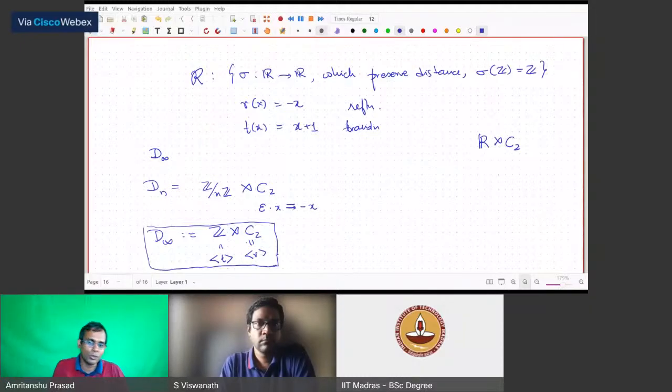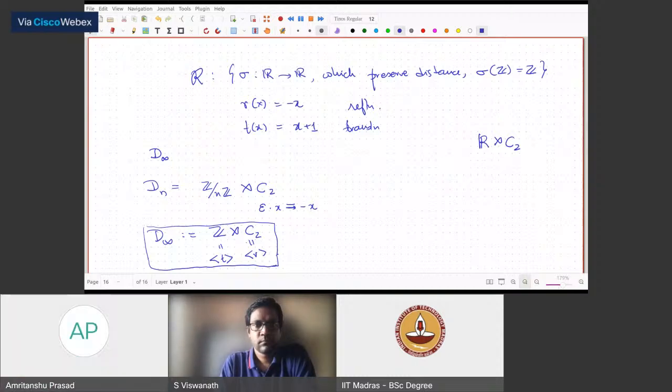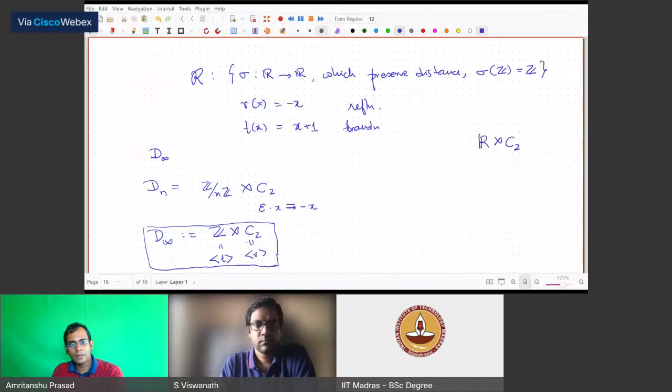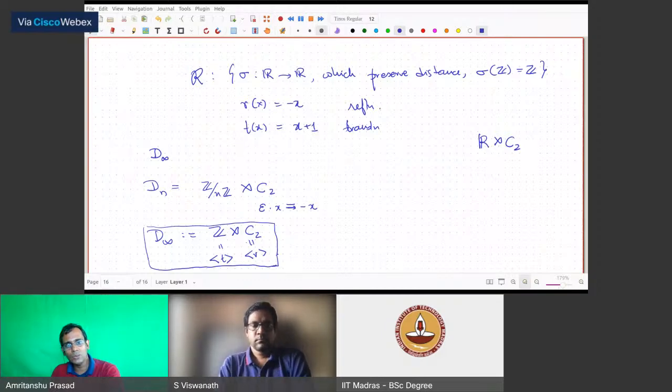We're not going to look at Lie groups here, because understanding them involves an understanding of manifolds, which I can't assume in this course that people have. And just to clarify, Z semi-direct product C2 is the same as D infinity, so both answers are correct for problem 15.